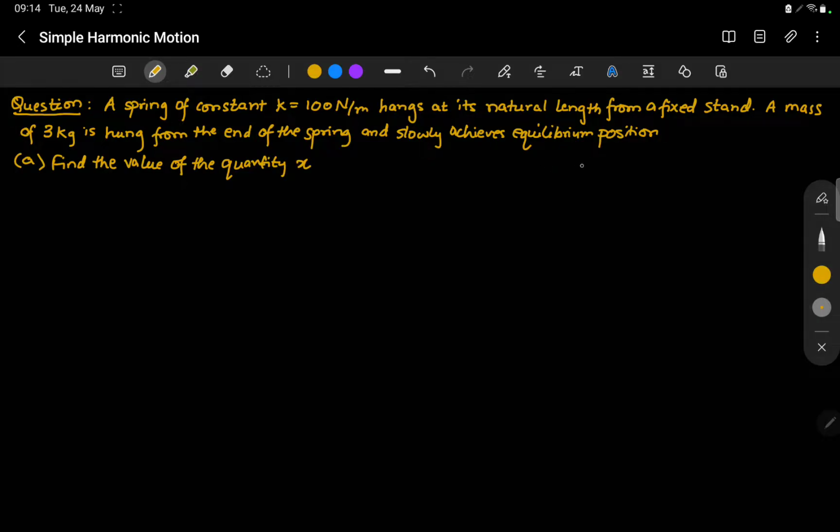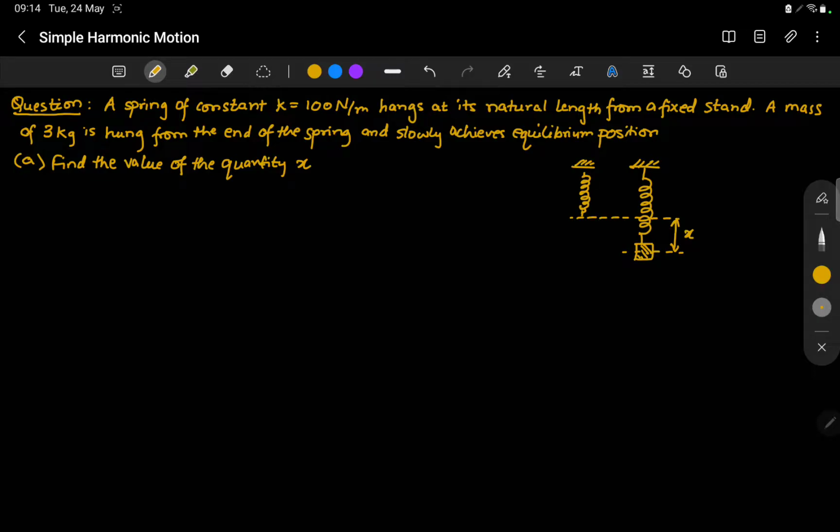So the figure is simply there's a ceiling, a spring is there and a mass is hanging from it. So x is nothing but this value, the new equilibrium position, wherein the natural length of the spring would have been just this much.